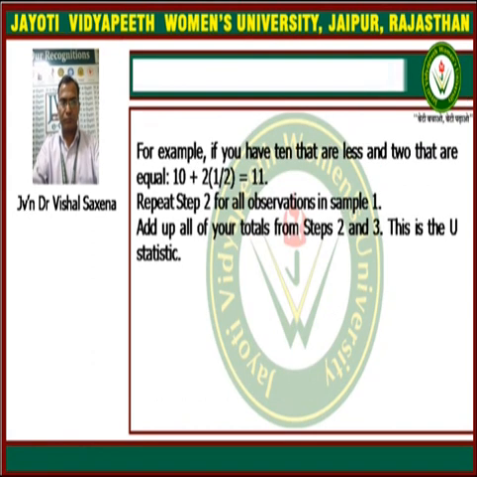For example, if we have 10 that are less than it and 2 that are equal to it, that is 10 plus 2 into half, which equals 11. Repeat step 2 for all observations in sample 1. Add up all of your totals from steps 2 and 3, and this is the U statistic. So in this way the U statistic can be calculated.